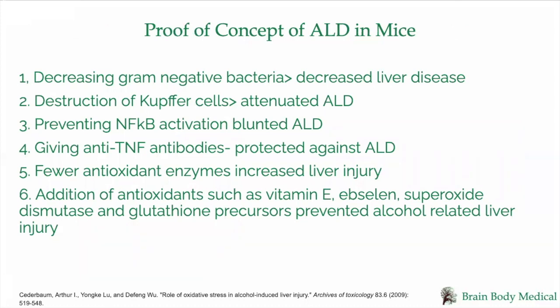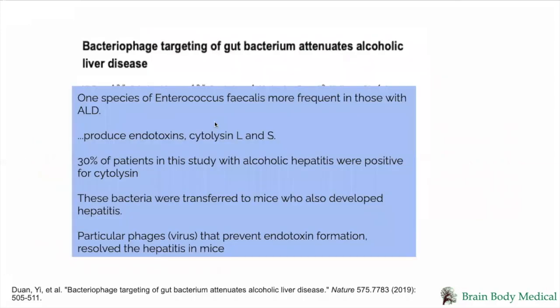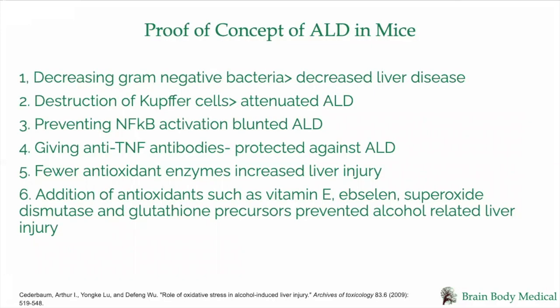So what's the proof that we have that a disrupted gut microbiome is the cause of alcoholic liver disease? Here you see in this paper, what they say is if you somehow decrease the amount of gram-negative bacteria in your gut, you can get decreased liver disease.